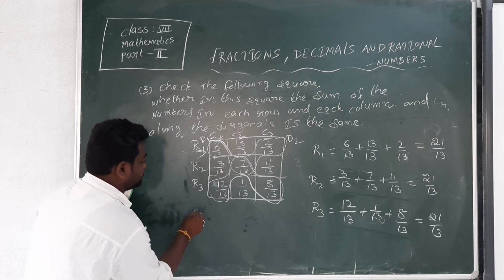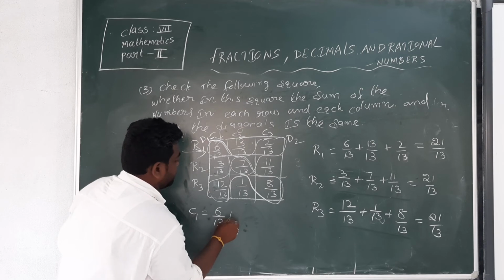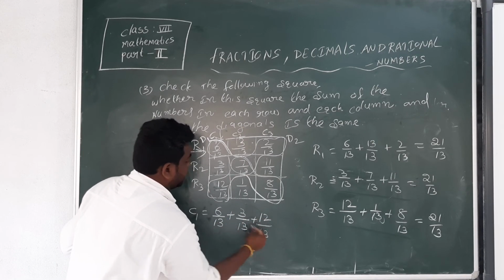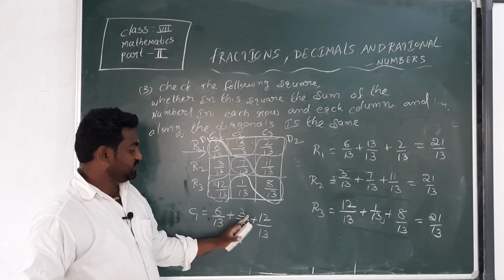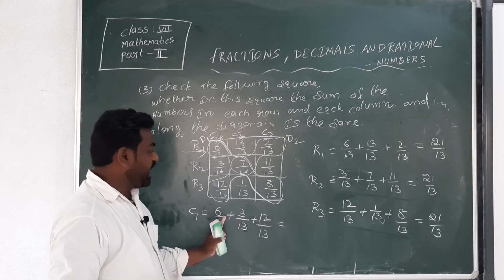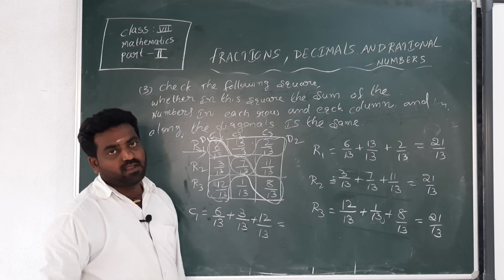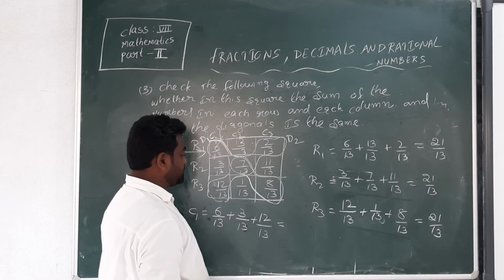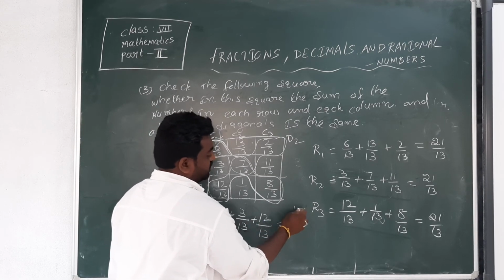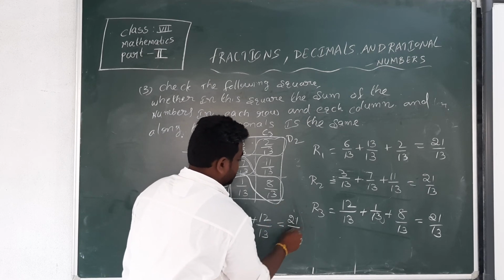Again C1 is 6 by 13 plus 3 by 13 plus 12 by 13. The denominators are the same, so we add numerators. 6 plus 3 is 9, 9 plus 12 is 21 by 13.